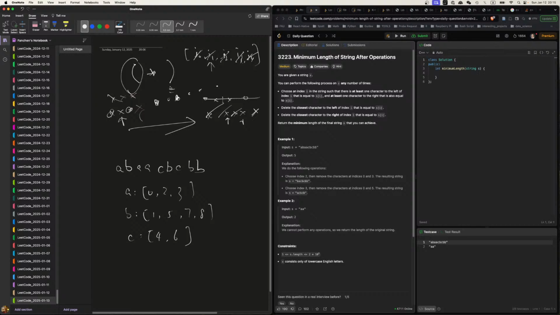Each time you choose, you remove 2. So 1 will give you 1, 2 will give you 2, 3 will give you 1, 4 will give you 2, 5 will give you 1.